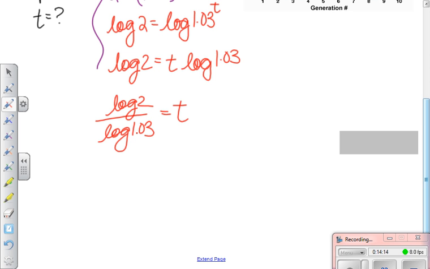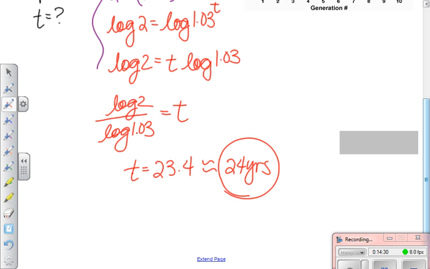Now if I get a negative number here, I know that I did it wrong. So t comes out to be about 23.4. So in about 23 to 24 years, the population will double if it continues at that same rate of growth, which, there's lots of other environmental factors that affect that, but for the sake of the model, that's what happens.